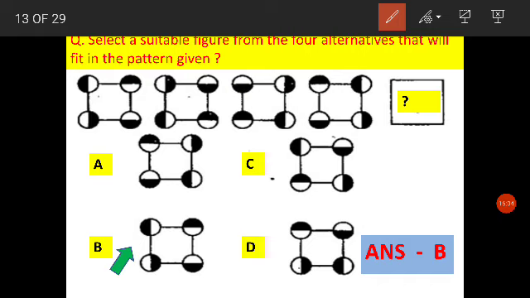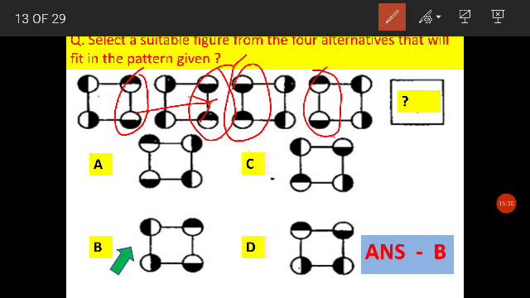So what you can do is identify, say, one position, say this position. This position out here has become reverse, and then this position is repeated here, and here this position actually has come here.